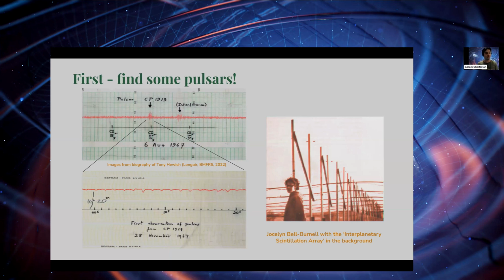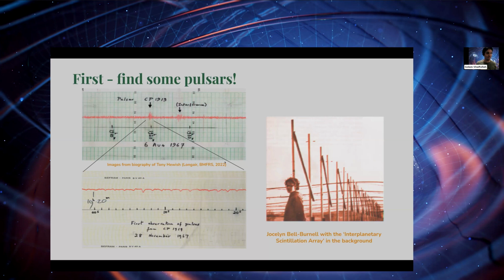In fact, the thing that distinguished the IPS array from other instruments around it was the fact that it had two modes. One was a normal speed mode where the chart roller rolled over at a rate of a unit distance per second, and then there was a little switch that made it go faster, in the millisecond range, and that little invention is what basically enabled the detection of the first pulsar and then set up a whole bunch of other discoveries.